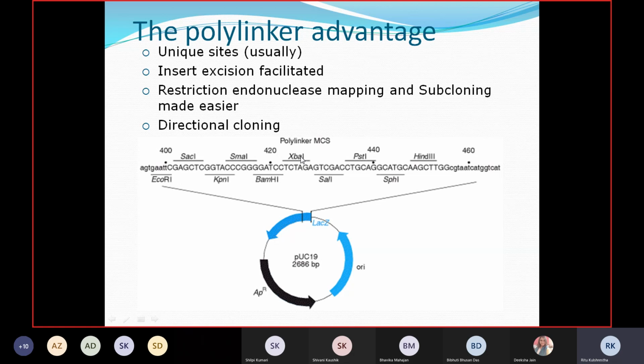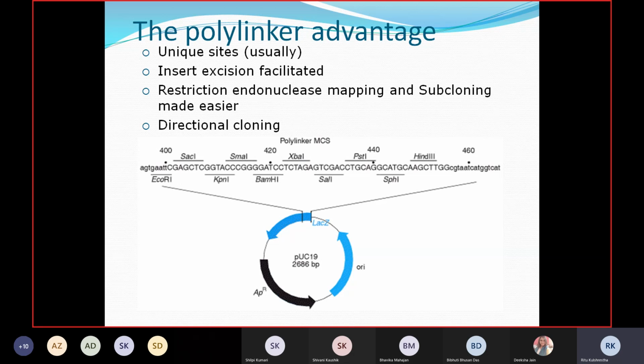Let's say your DNA fragment is present in the XbaI site, and now you want to know whether your DNA fragment has gone in the right direction or not. So you can utilize the various enzyme sites which are present in your DNA fragment, and any of the enzyme sites which are present close to this cloning site.